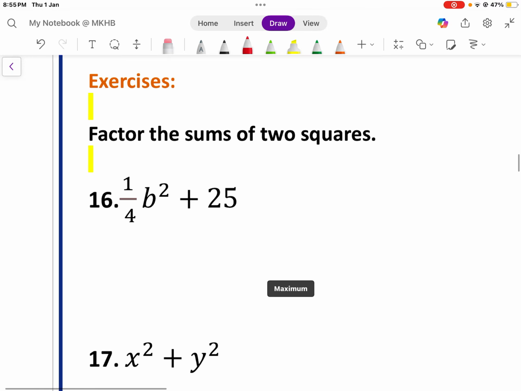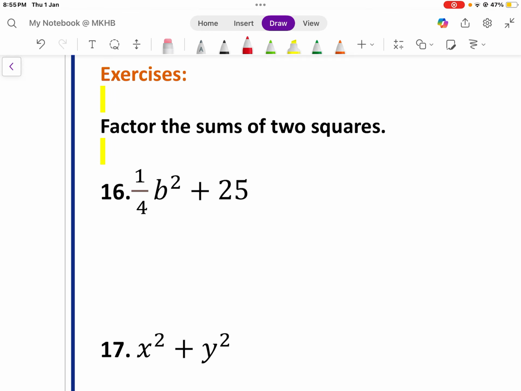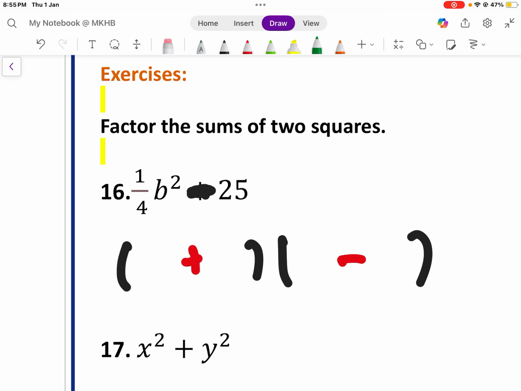Okay, what about this? Let us apply it to teach Rayyan also. Yalla. Suppose it is minus. I do this and this. Plus, minus. Okay, 1 over 4, it is 1 over 2, the square root, and b, 1 over 2 b.